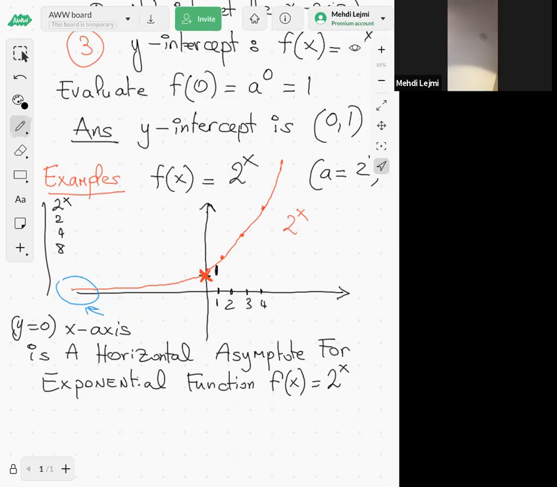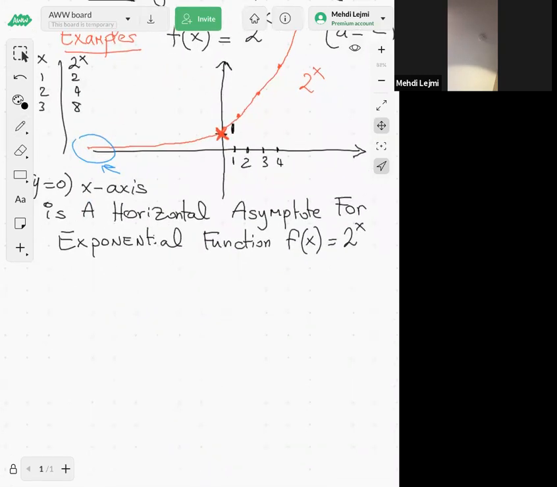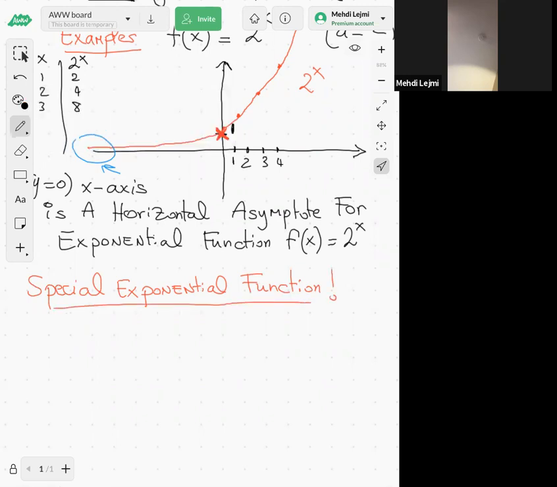When this base a is equal to this number e, a very special number, which is approximately 2.7182.